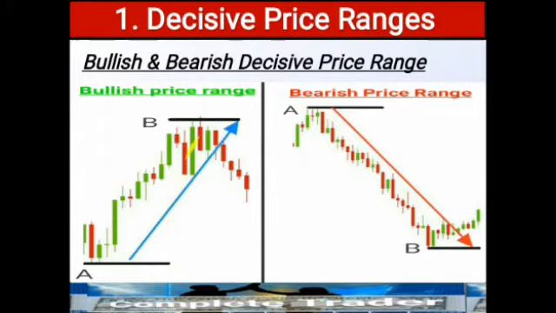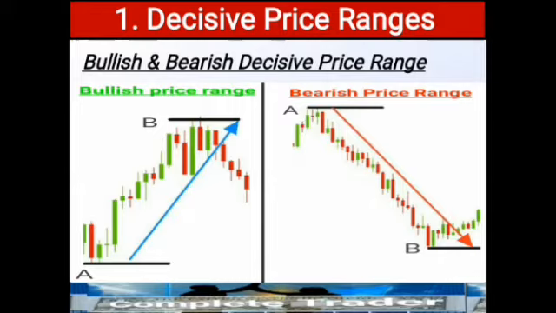And we have multiple candles forming it. Okay, so this is a very decisive price range, because price was actually making a decisive move right here. So we can see that the market was clearly going up in this case. So this was a bullish price range.